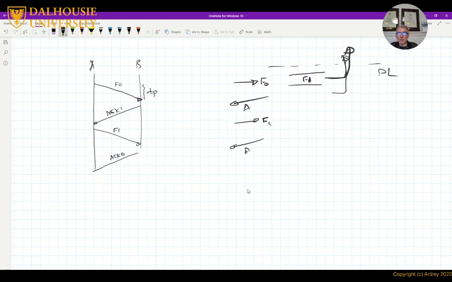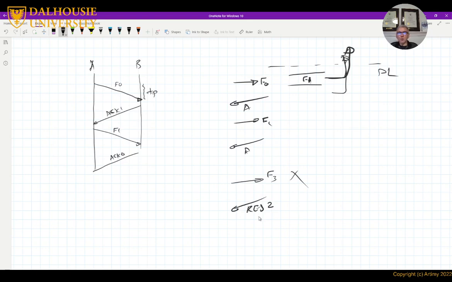If I receive something out of order, let's say F3, I will completely reject it, discard it, and I will send a reject. I'll send reject 2, which means send me 2. Why?